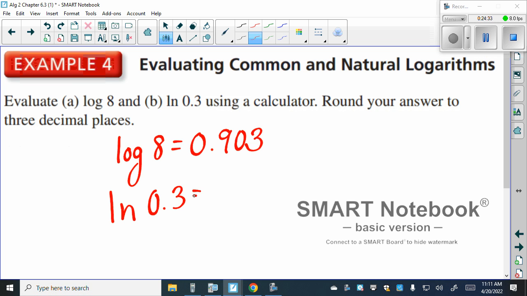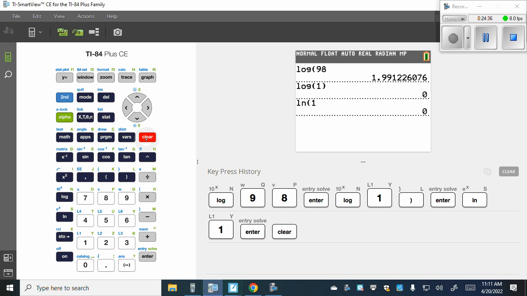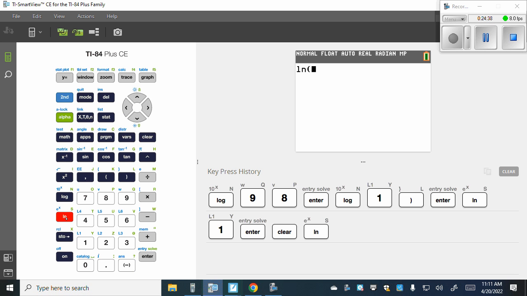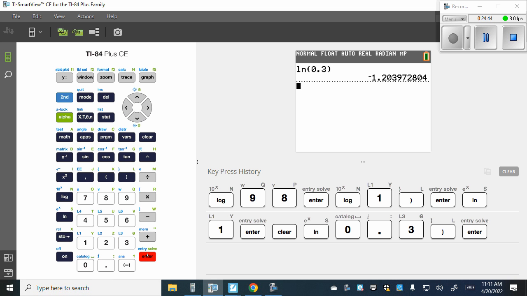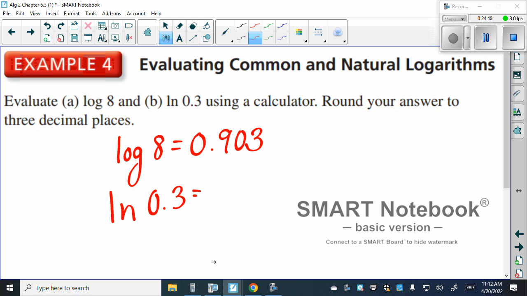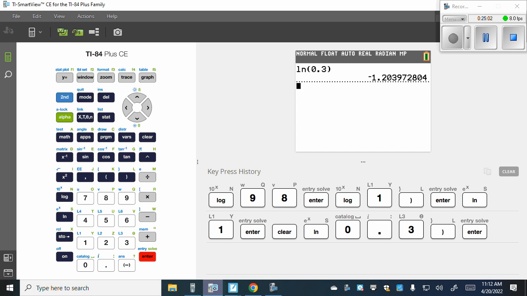I'll show this one on the graphing calculator. Natural log is right there next to the 4. 0.3, close parentheses, enter. We get negative 1.2039, which would be negative 1.204. Any other questions on these two here?